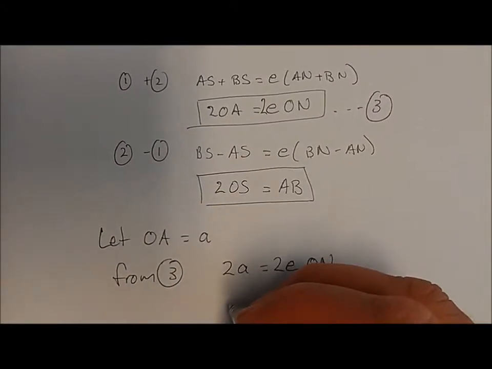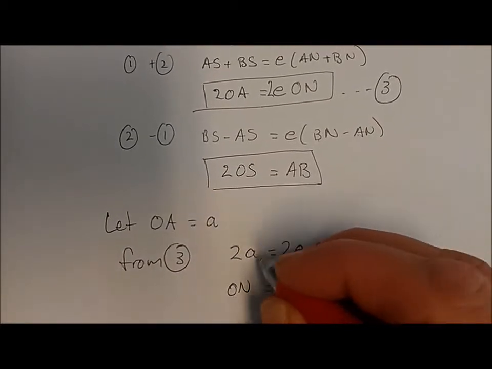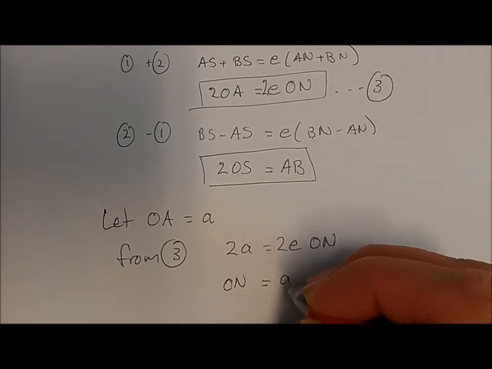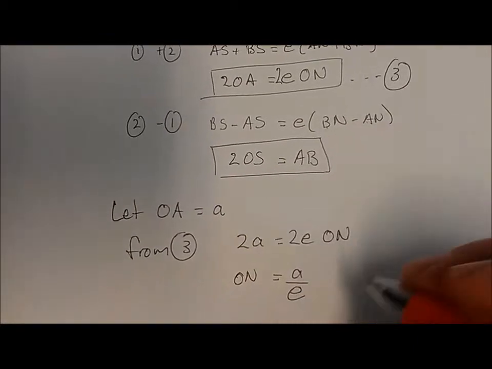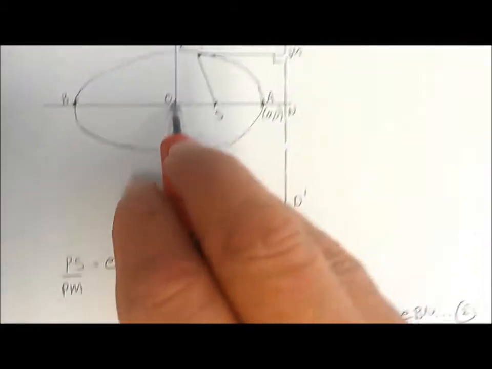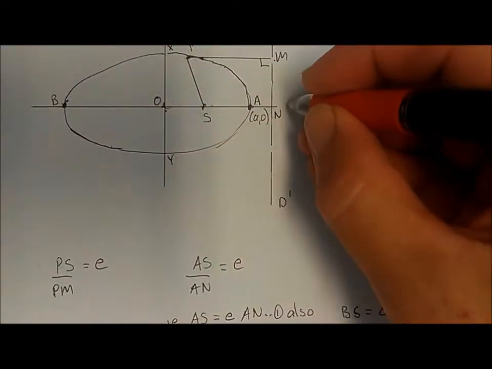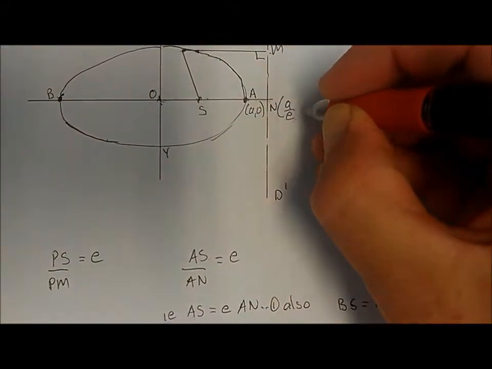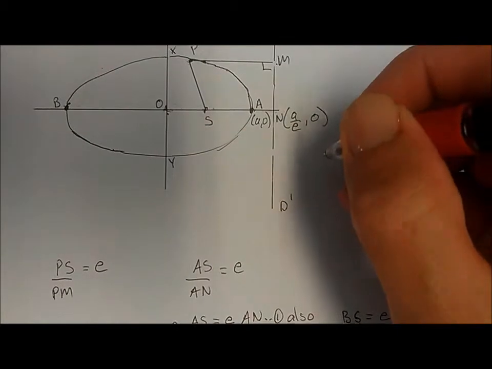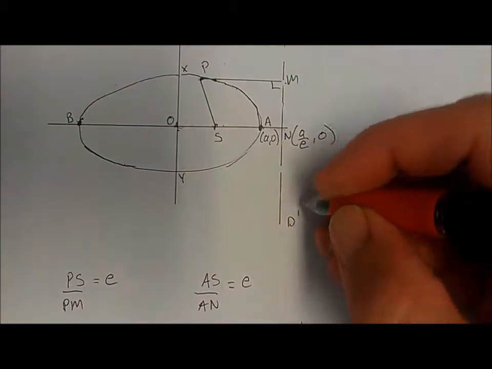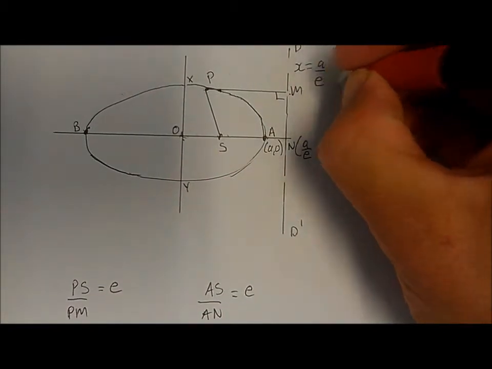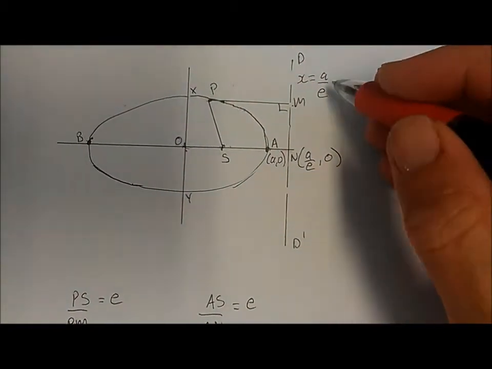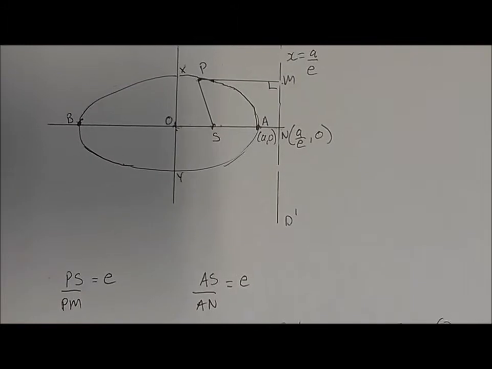And from that I can gather that ON is equal to, dividing by 2E, A on E. So ON is A on E. So this distance here from O to N is A on E. So that means that this point here is A on E, 0. That gives me straight away the equation of this directrix must be that X is equal to A on E.